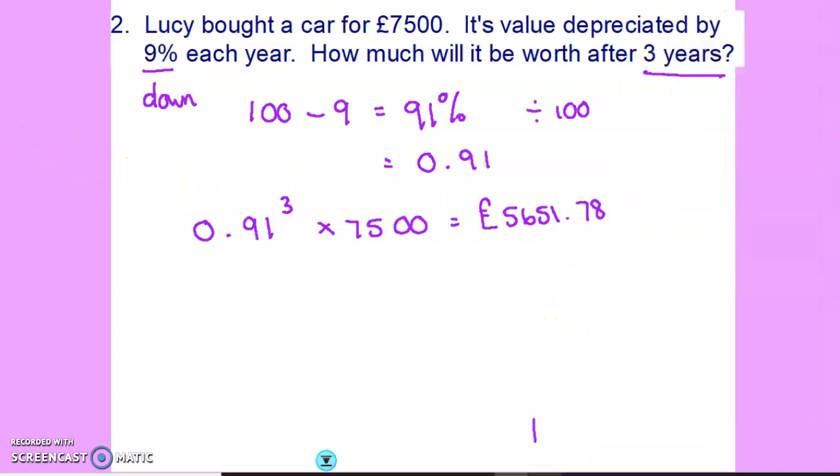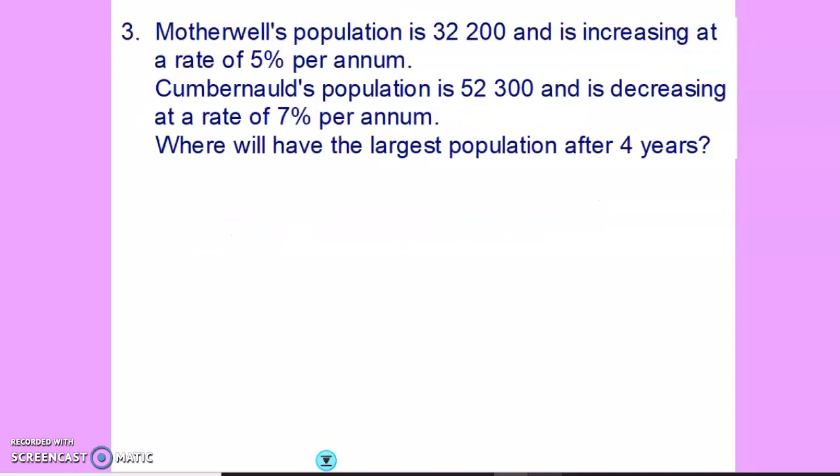Okay. Third example then. Motherwell's population is 32,200 and it's increasing at 5% per annum. Cumbernauld's population is 52,300 and it's decreasing at a rate of 7% per annum. Which town will have the largest population after 4 years? Okay, so let's start with Motherwell then.